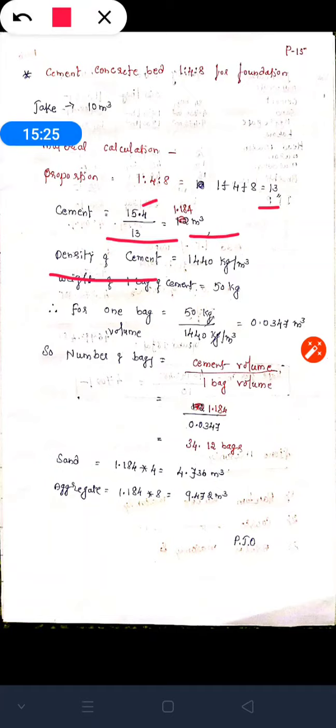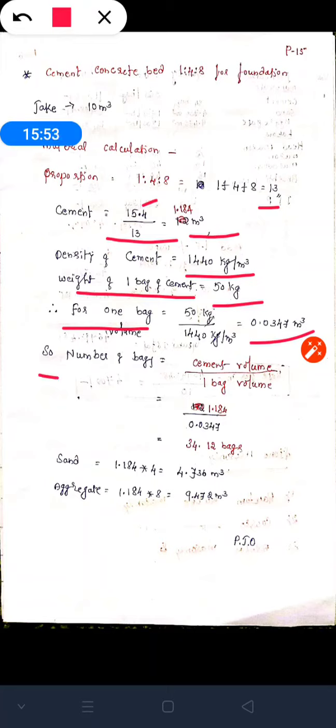As we know, the density of cement equals 1440 or 1450. The weight of one bag of cement equals 50 kg. Therefore, per one bag the volume equals 50 kg divided by the density. The kg gets cancelled, and finally for one bag the volume equals 0.0347 meter cube.